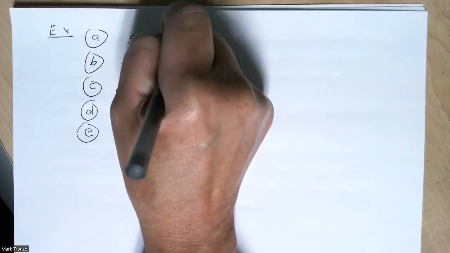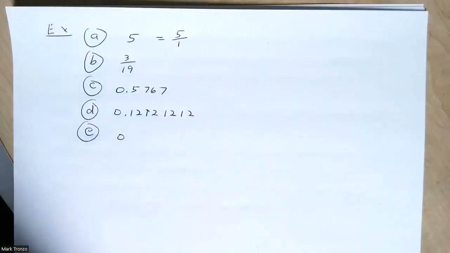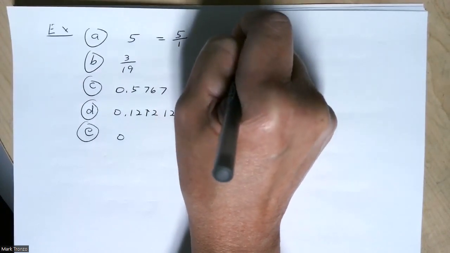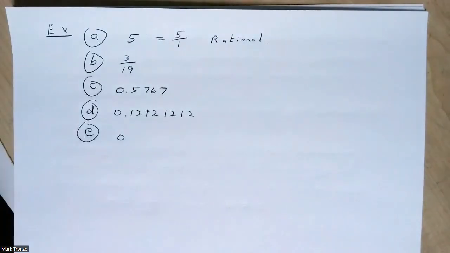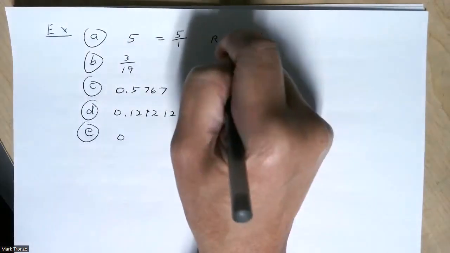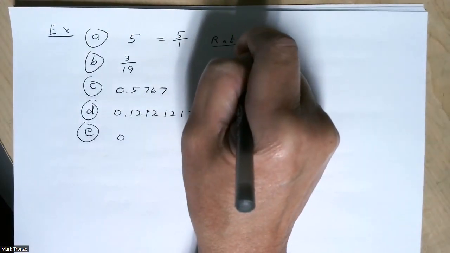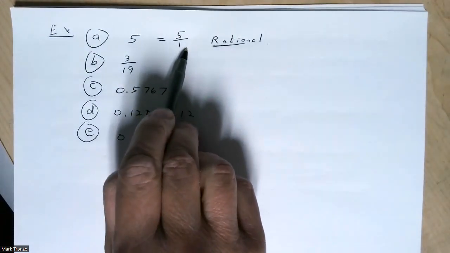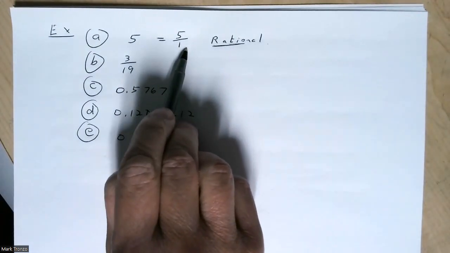Now notice 5 is rational because you can write it as 5 over 1. Again, rational, where the word comes from, it has ratio in it. It can be expressed as a ratio of two numbers.